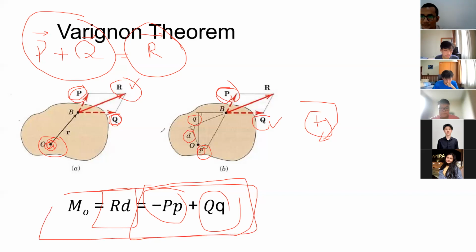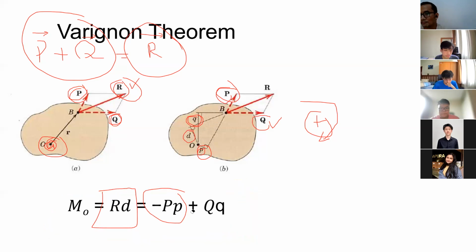Jadi R multiplied by D itu adalah momen akibat vektor R, gaya R. Lalu komponen-komponennya adalah P dan Q. Kita hitung momennya masing-masing. Momen akibat Q itu adalah Q dikalikan small q, positif. Momen akibat P itu adalah P dikalikan small p, negatif. Totalnya itu akan sama dengan R dikalikan D. Seperti itu.